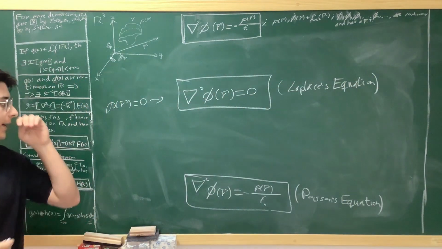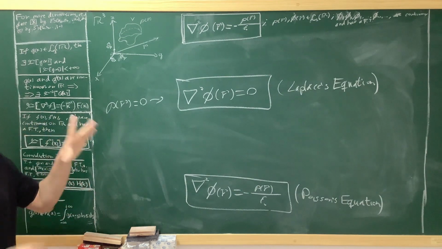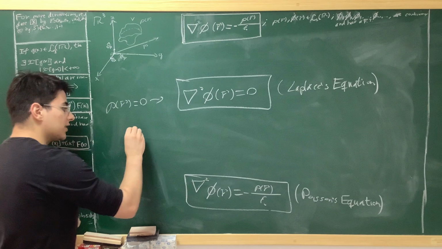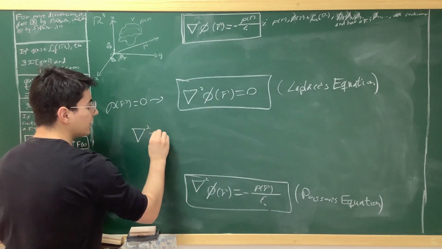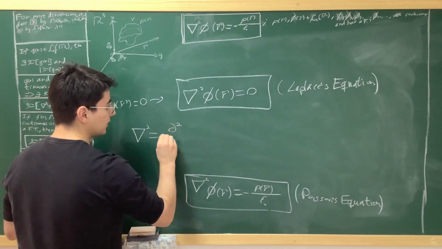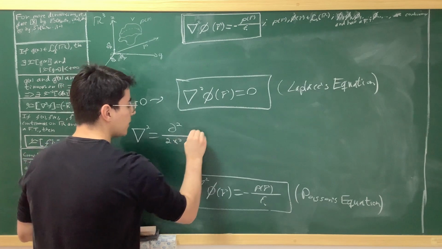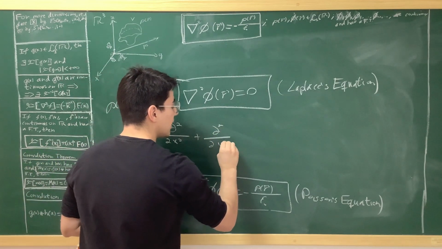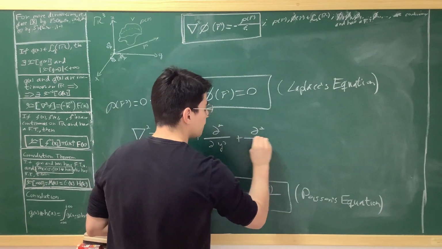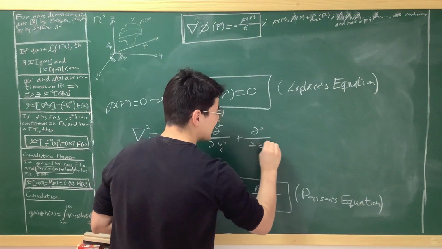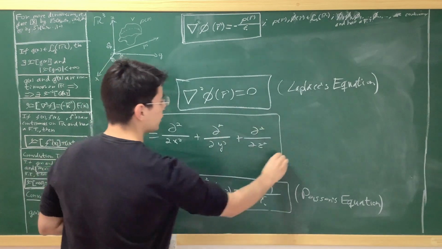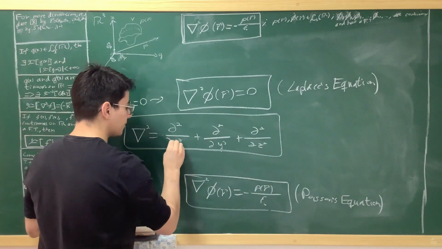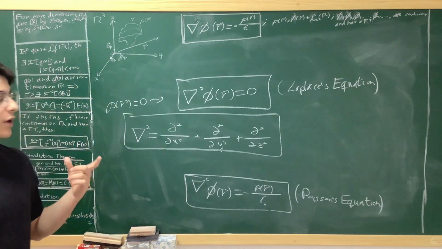And just real quick, again, I'll tell you what the Laplacian means explicitly. It's defined as the double derivative with respect to x plus the double derivative with respect to y plus the double derivative with respect to z. Of course, this is the expression in Cartesian coordinates.